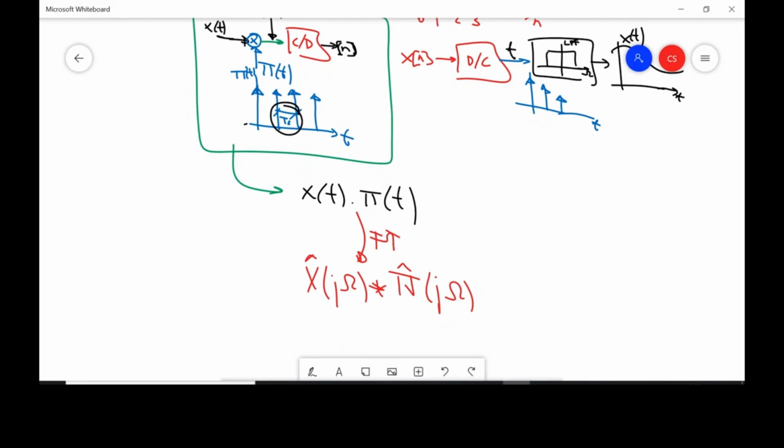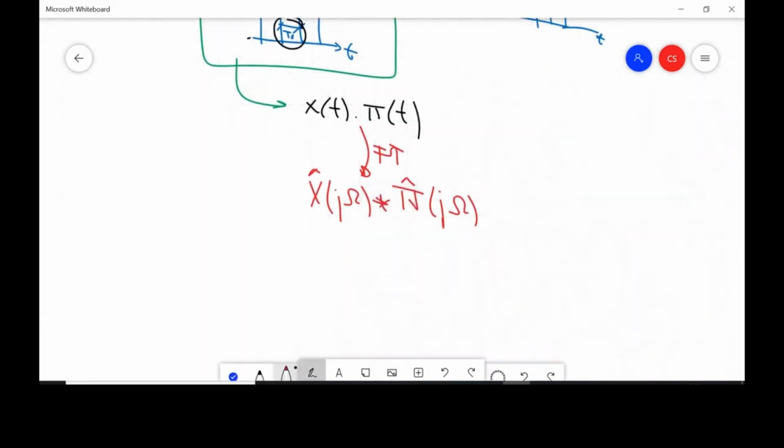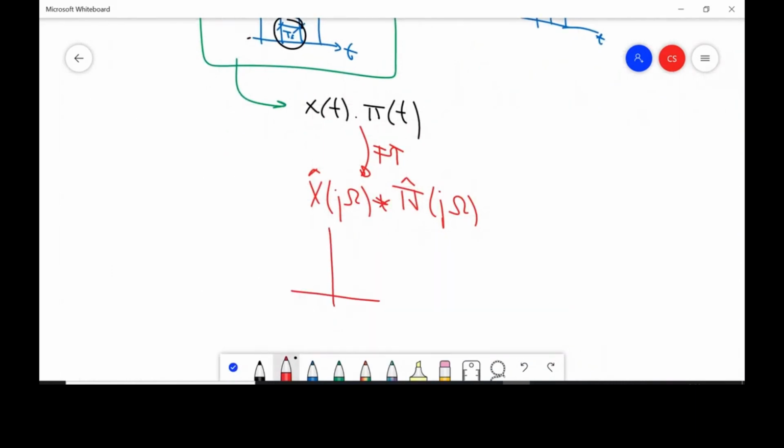Okay, so let's see how the different components look like. This is the modulus of x of j omega, and this is omega. It doesn't repeat, it goes from minus omega maximum to omega maximum, and to infinity it is 0.